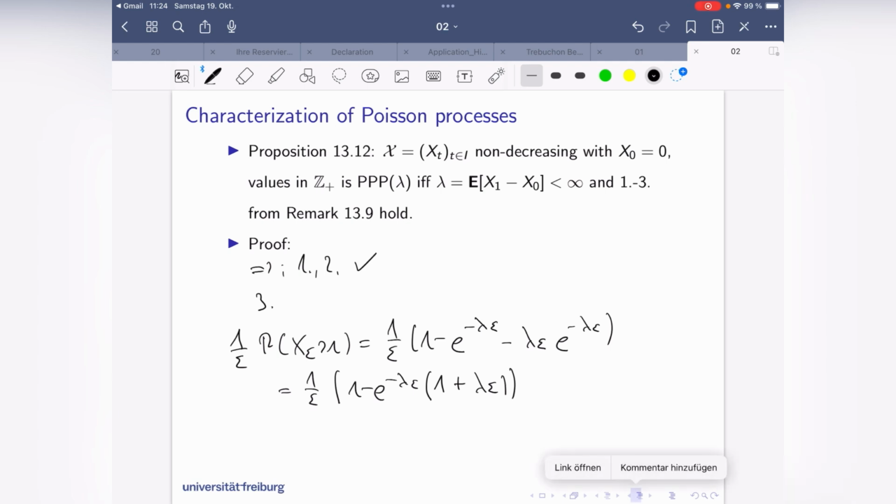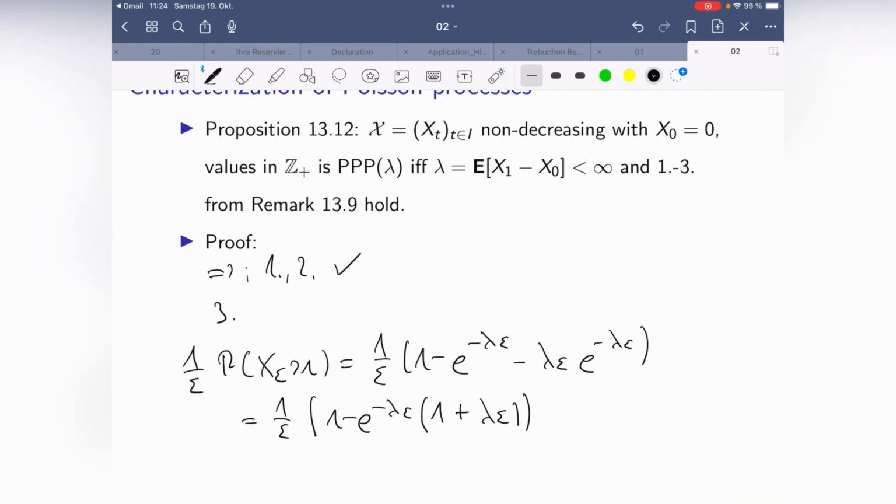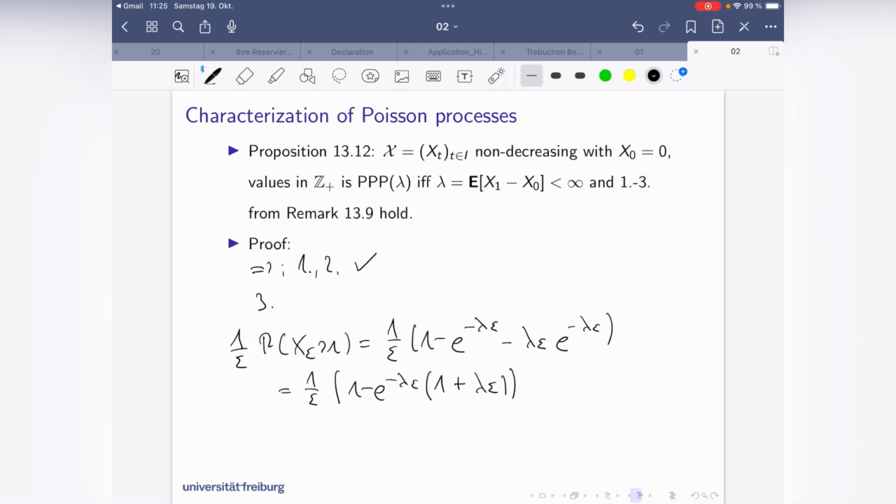And this here is bigger or equal than 1 minus lambda epsilon.